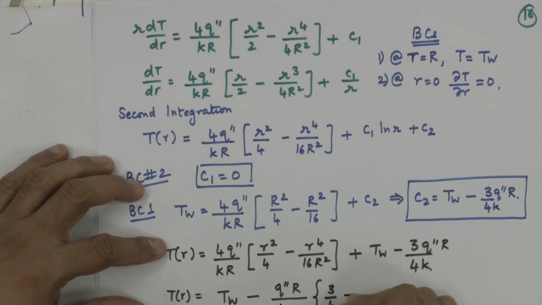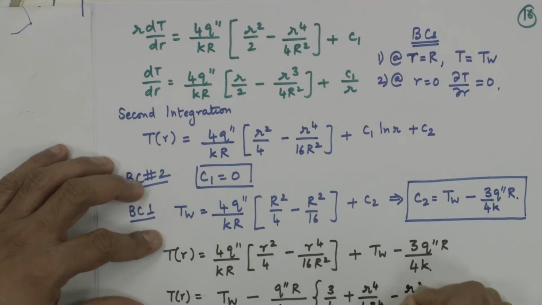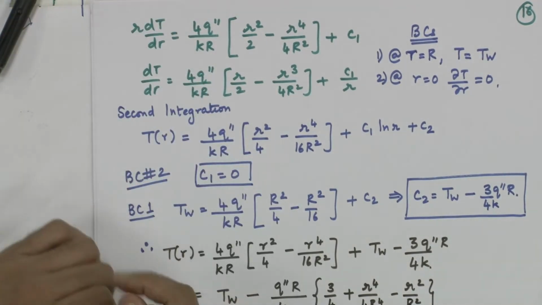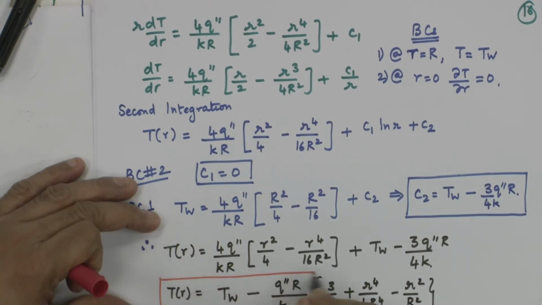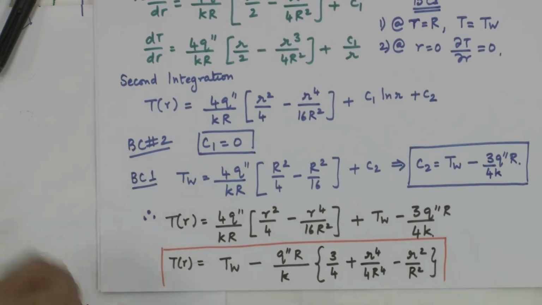So, this comes out to be r to the power 4 by 4 R to the power 4, this is the second term. This term comes out to be minus r squared by capital R squared. You can check this maths and this is your temperature distribution. T as a function of r, temperature distribution.